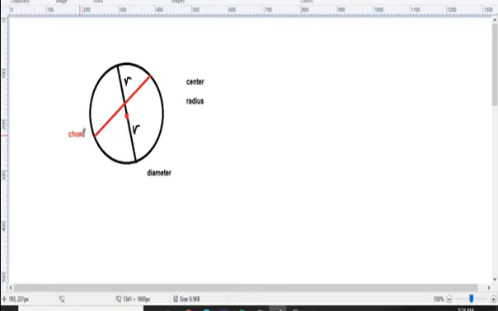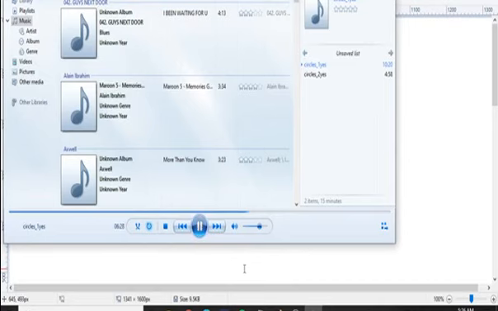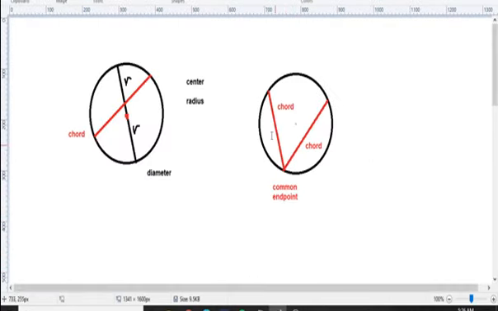Now let's form angles. Basically an angle consisting of two chords and a vertex, which is a point on the circle. So it's actually just two chords with the same common endpoint, right?